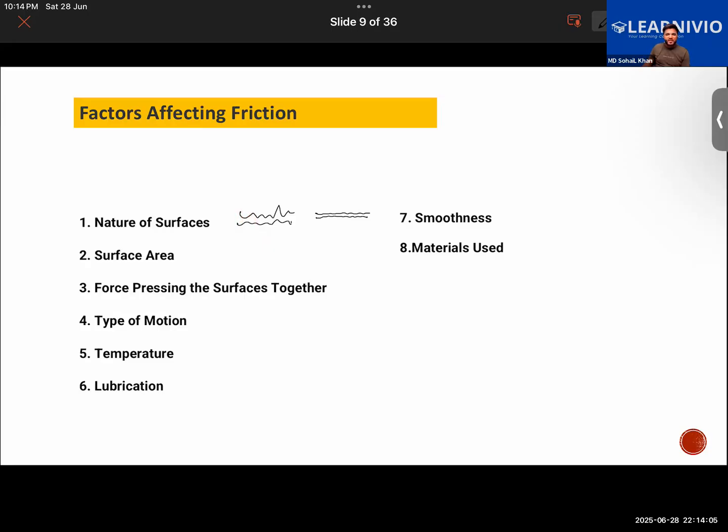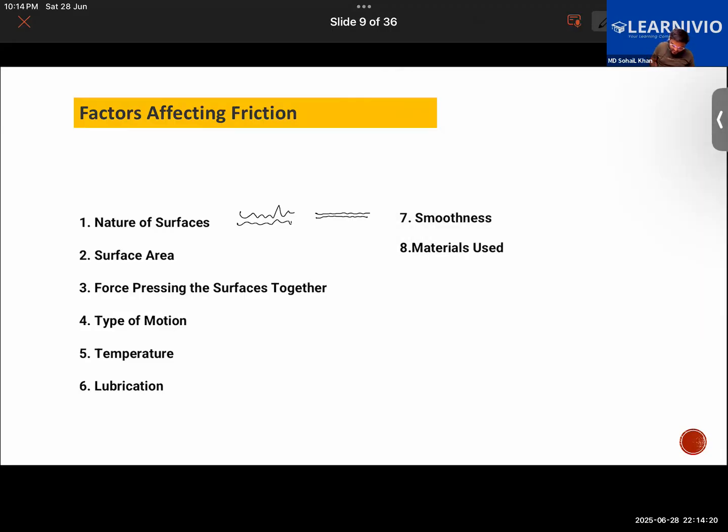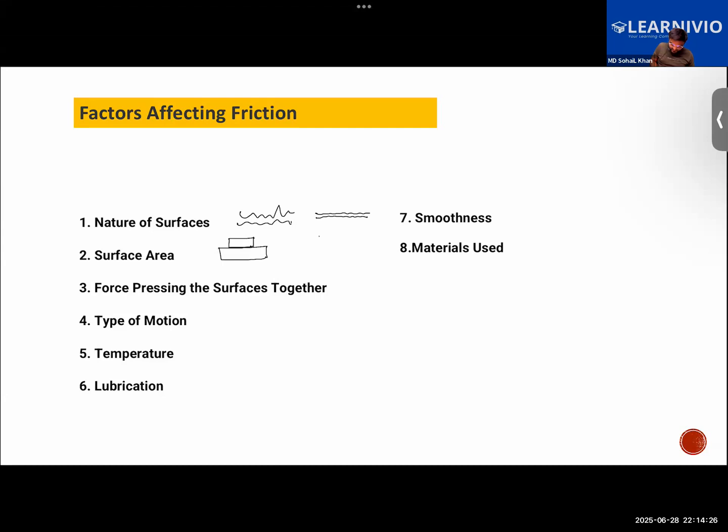That's the thing. The second factor depends upon the degree of contact between the two surfaces, or simply the surface area, like how much area is in contact with each other. Getting what I'm trying to say? Say we have two objects like this, and here we have other objects like this.